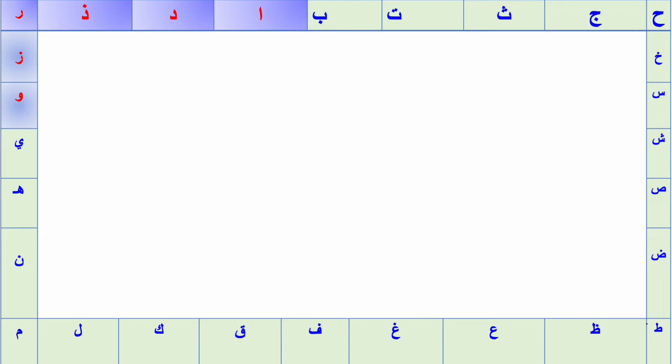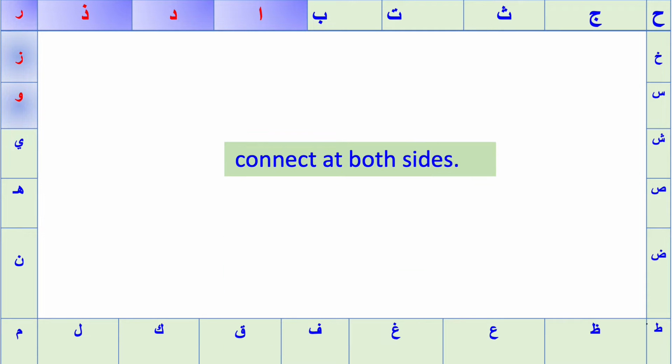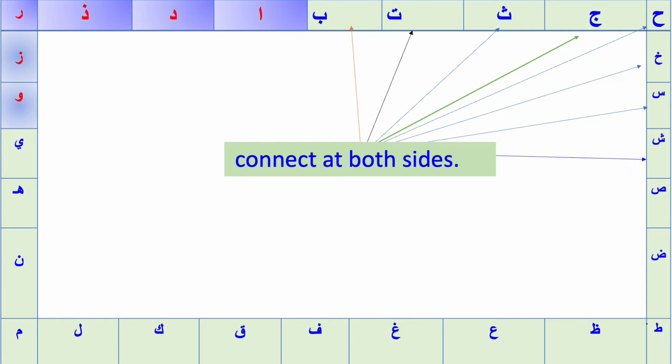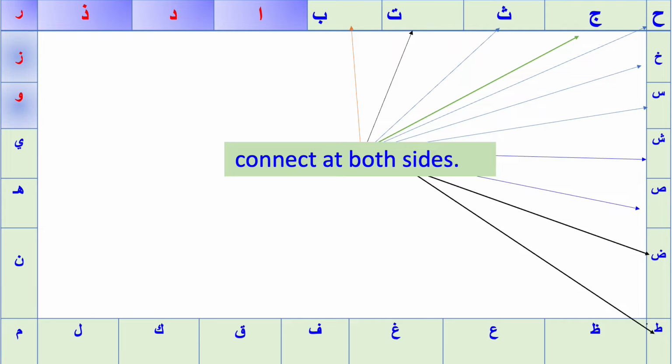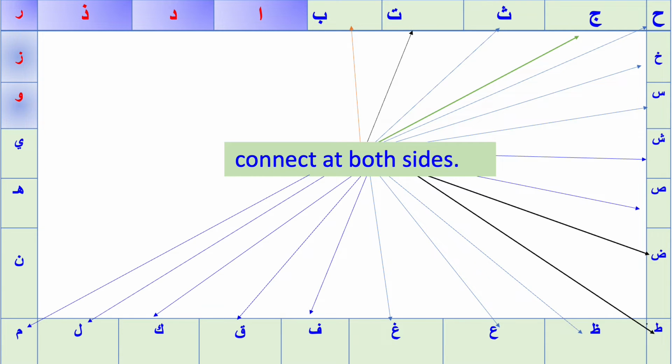As you can see in this slide, we have divided the letters into two groups: those that can connect from both sides with a preceding and a following letter, and those that can only connect to the right hand side. So this is the first group: ba, ta, tha, jim, ha, kha, sin, shin, sad, dad, ta, dha, ain, ghain, fa, qaf, kaf, lam, mim, noon, ha, ya.